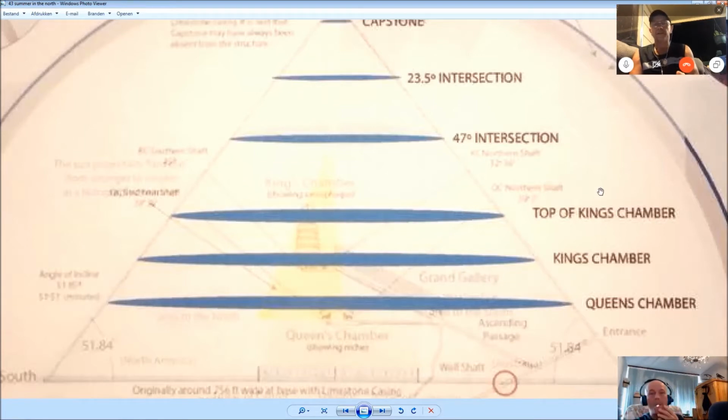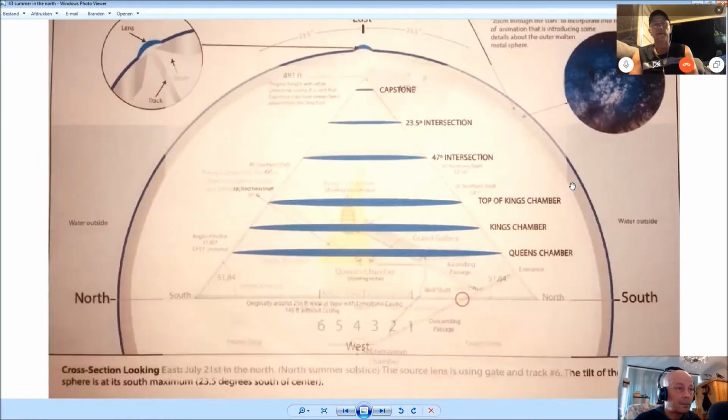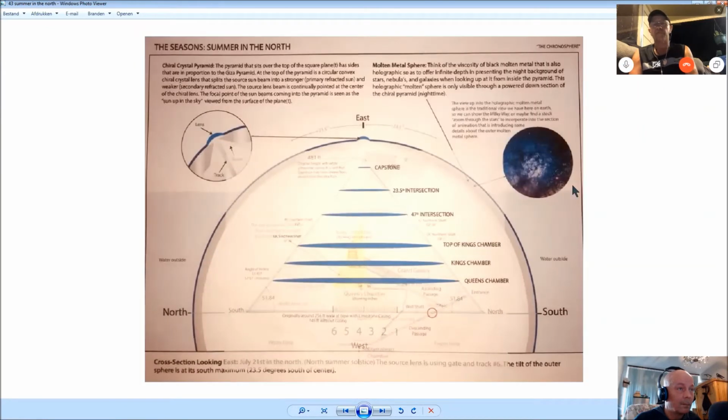The symbology is just absolutely everywhere. And when Matt did this, it was just another one. Anybody that denies this is really an ostrich. They've got their head in the sand, because it's everywhere.